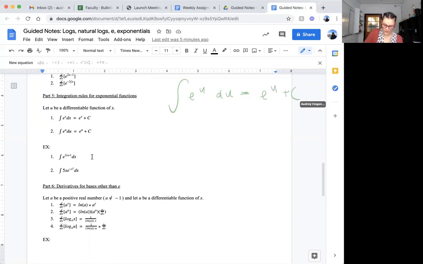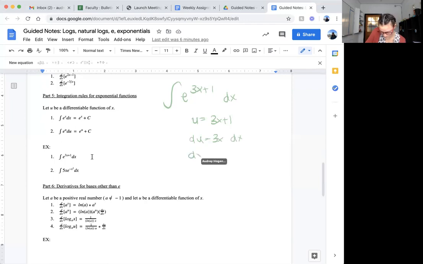So we have to set up so that we get e to the u. Like, for instance, if we had the integral of e to the 3x plus 1 dx, u equals 3x plus 1, du equals 3 dx, dx equals du over 3. The derivative is just 3 times dx. And then we can plug this back in.